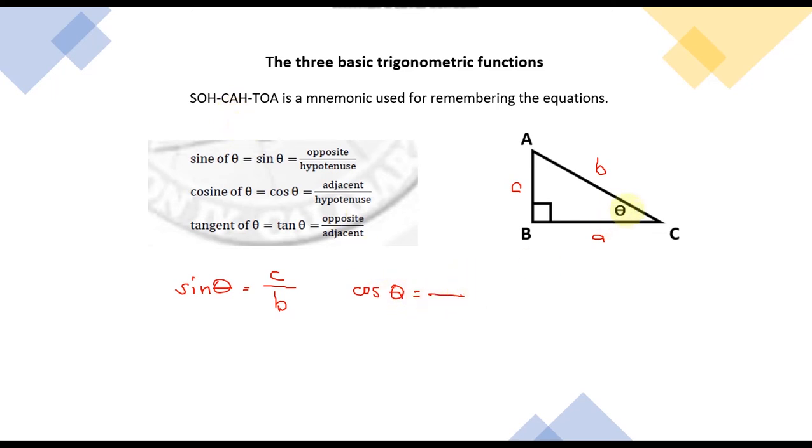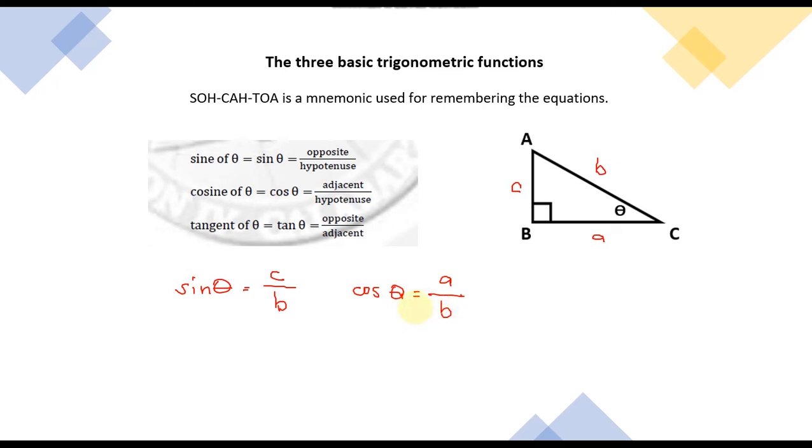The adjacent side of the theta here is A. That's the adjacent side, so that will be my numerator, followed by the last letter H, which is the hypotenuse. And the hypotenuse never changes in the illustration. So again, the hypotenuse here is B. So cosine theta is equal to A over B.